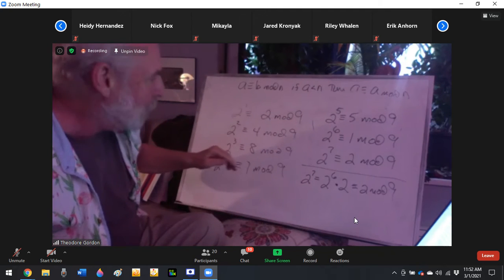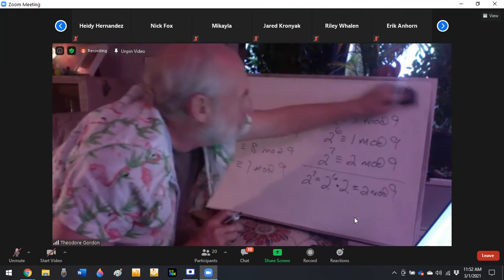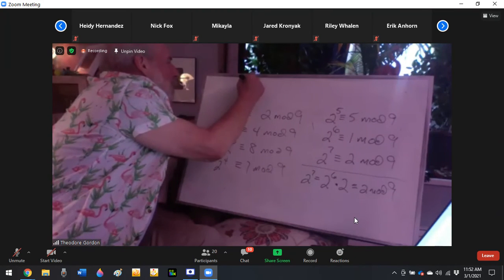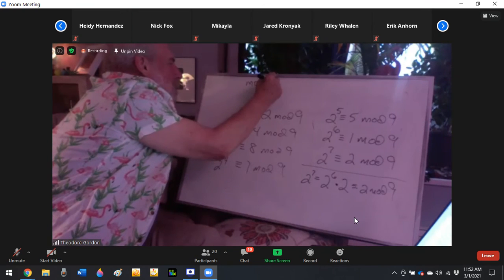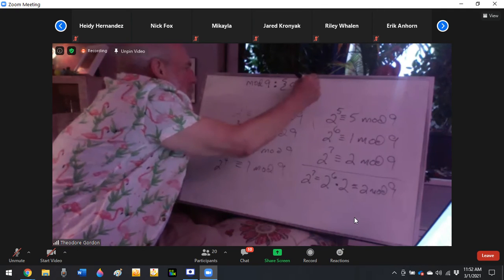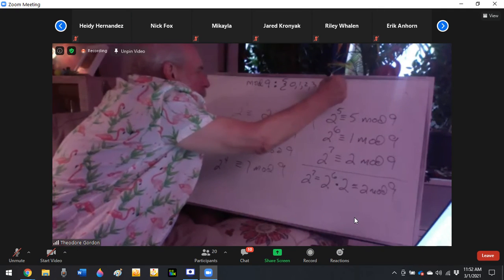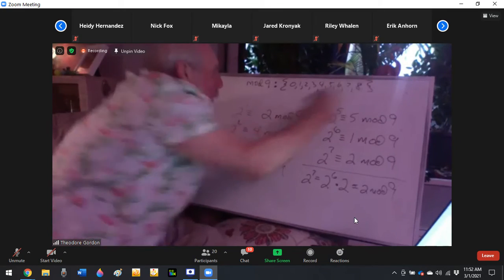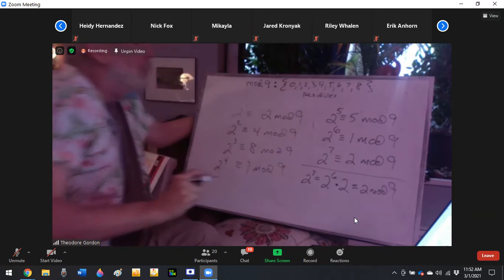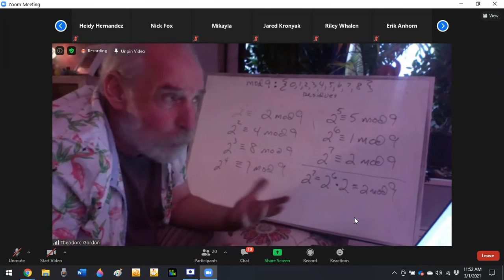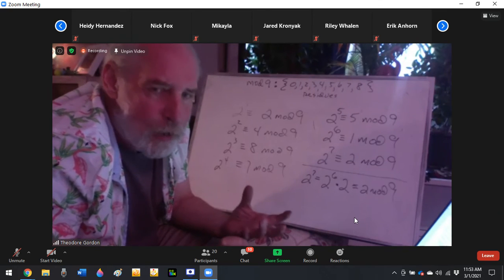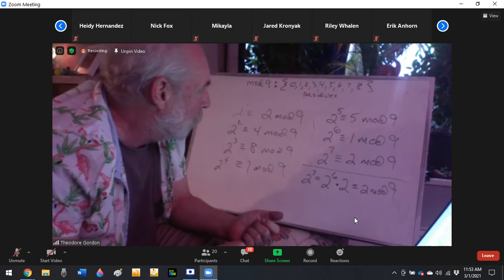So in the mod 9 world, when we're working mod 9, the residues of mod 9, and residues again is the smallest set of non-negative integers that exist.